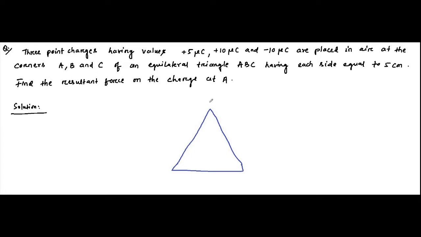ABC, 3 corners A, B, C. We have the charges placed at A, B and C. At A it is plus 5 microcoulomb, at B it is plus 10 microcoulomb, and at C it is minus 10 microcoulomb.